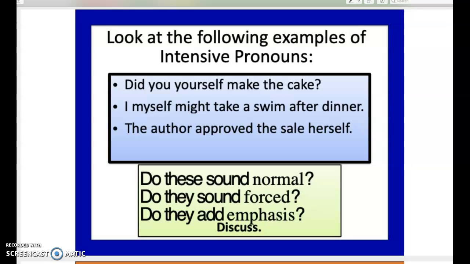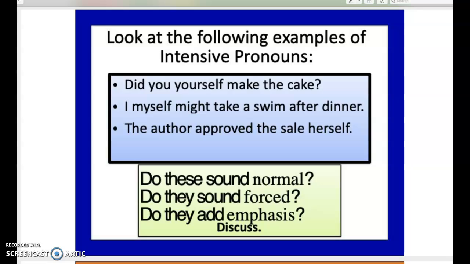So our intensive pronoun would be yourself. Write yourself on the line. If we read the sentence, did you yourself make the cake? We are emphasizing you with our intensive pronoun yourself. If we removed yourself from the sentence, the meaning would still be the same. Did you make the cake?